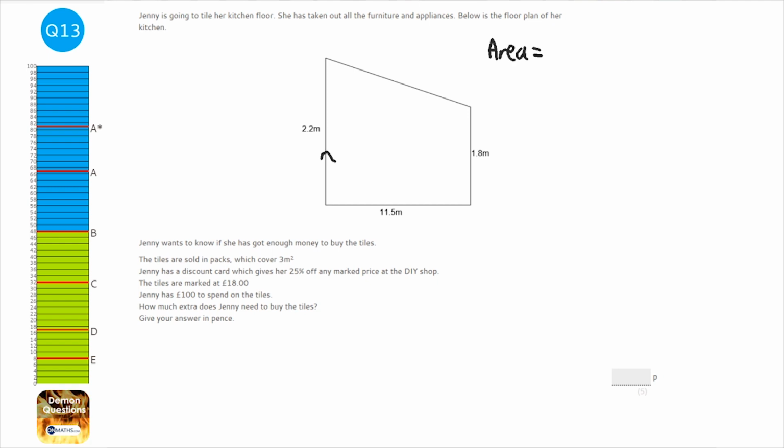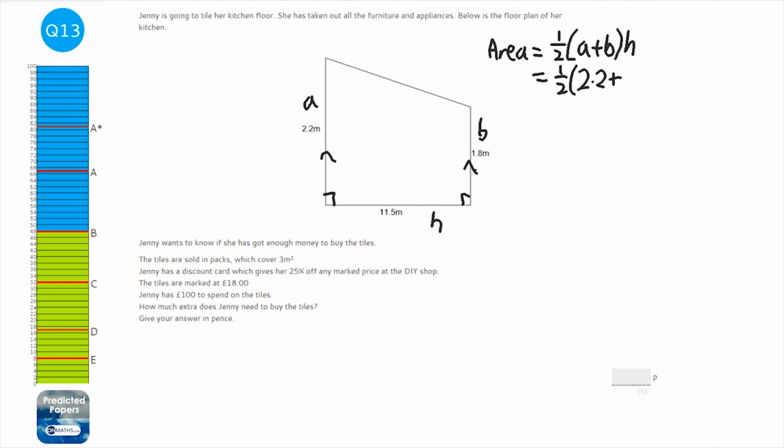And it's a trapezium because it's got one set of parallel sides, and the parallel sides are always the A and the B, and the one connecting them at right angles is always the H, and the formula is half A plus B times H. So it's basically the mean average of A and B. So it's going to be half 2.2 plus 1.8 times 11.5.